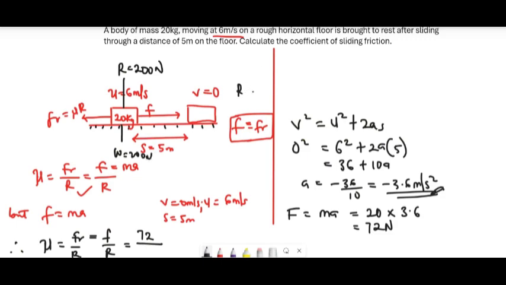Here, R is equivalent to W. Does that make sense? All right, so I have 72 over 200 newtons. So what will that give me? I'm going to have 0.36, no units, right? So that is my answer for mu. All right, that's that for this question.